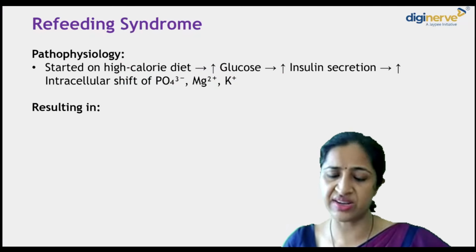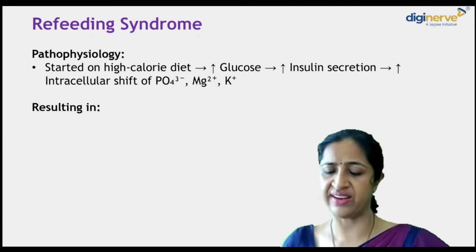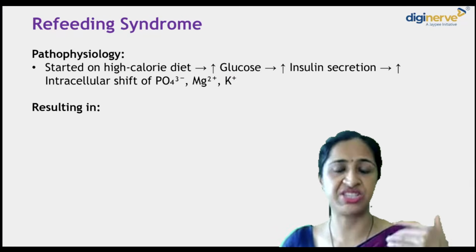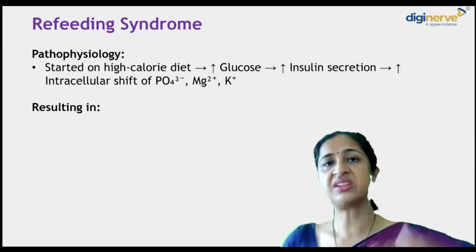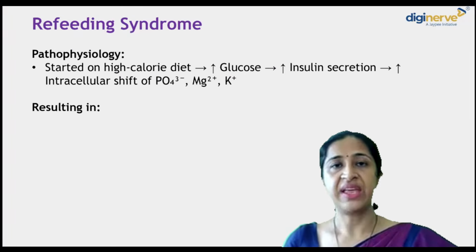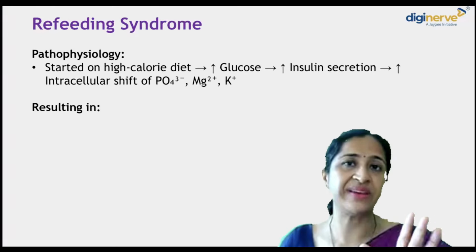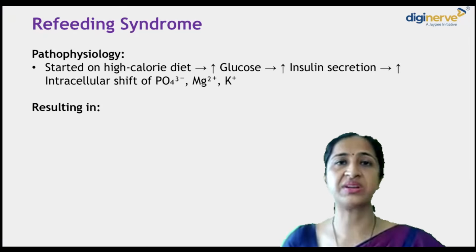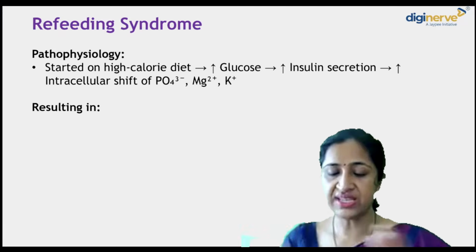What is refeeding syndrome? Once you start the child on nutritional rehabilitation with high calories, a sudden spurt of glucose is there in the blood. Now, these children have a normal pancreas. So when the glucose spurts, the insulin comes.